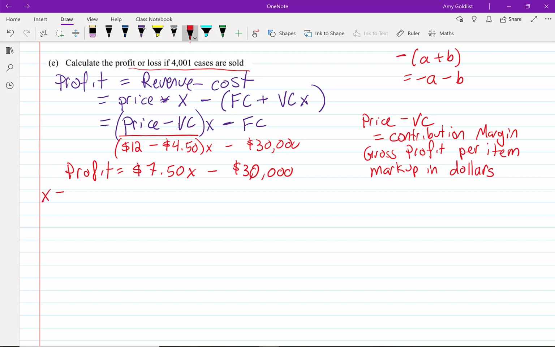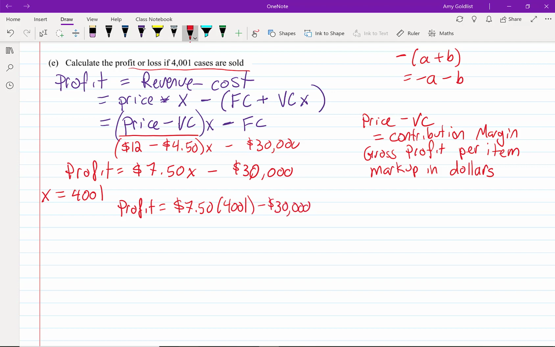So if X equals 4,001, there's an extra zero there. I have profit equals 750 times 4,001 minus $30,000.